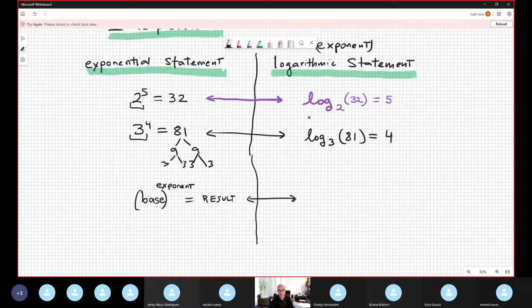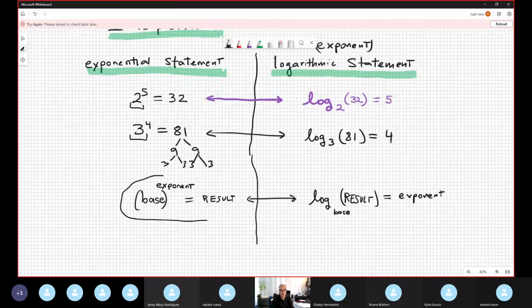So you copy the magic word log, your specification using a small number, the base. In this example, it was 2 and 3. And the answer offered is the exponent. And the number inside is the result of the hypothetical exponential.